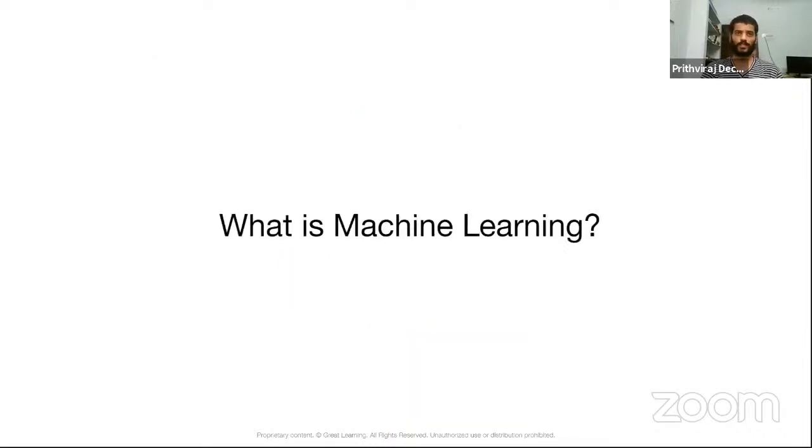So what is machine learning? Soon after we started to build computers, we realized that we cannot build intelligent machines using traditional rule-based programming. Without machine learning, the programming was very complex. If you had to build a robot that can play chess without machine learning, the lines of code will be very long.